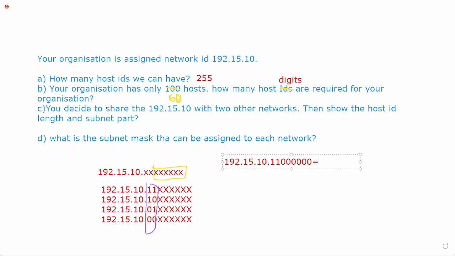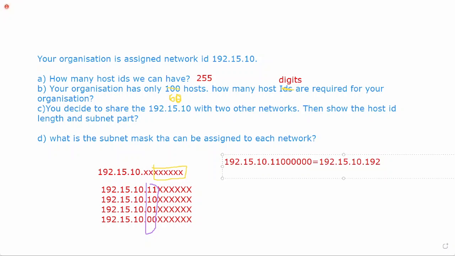Yes, the final value is 192. So 192.15.10.192 is the network ID of the first network, right?